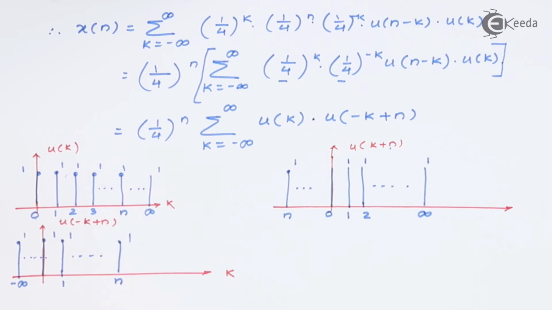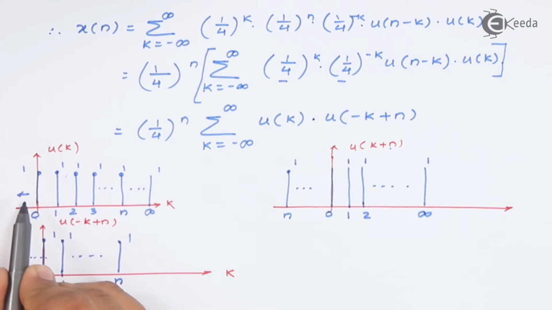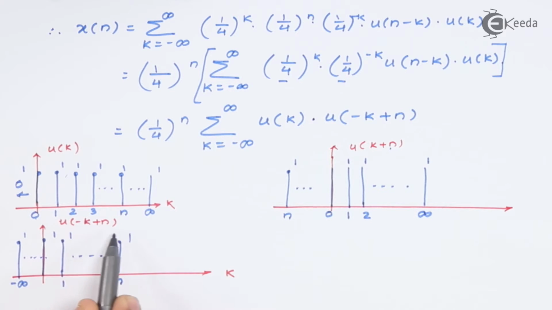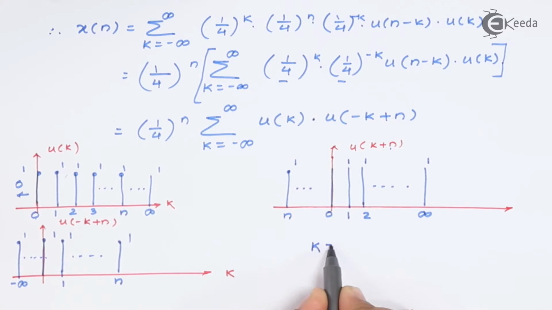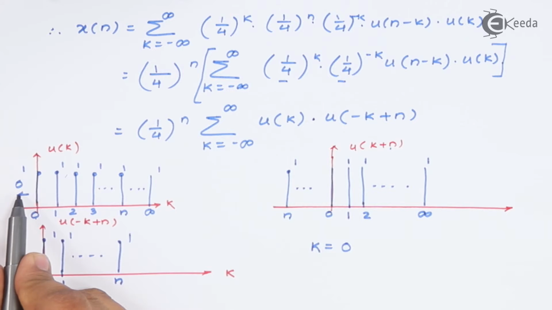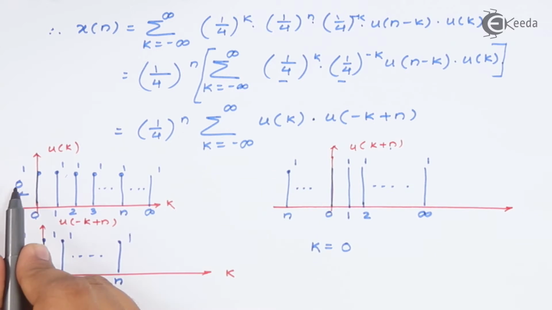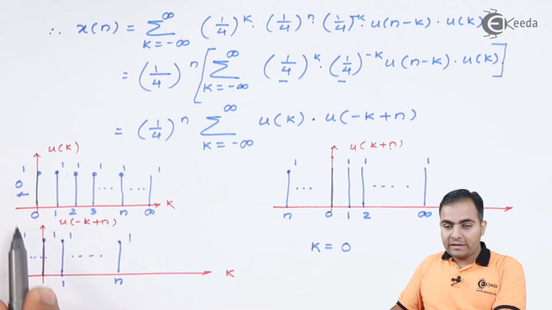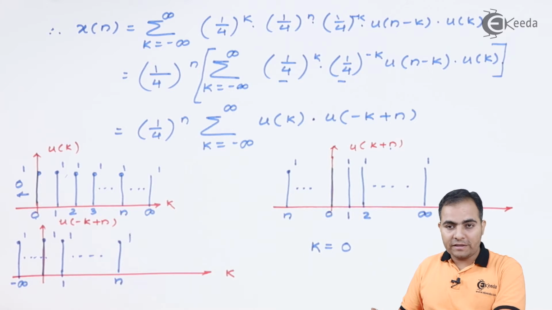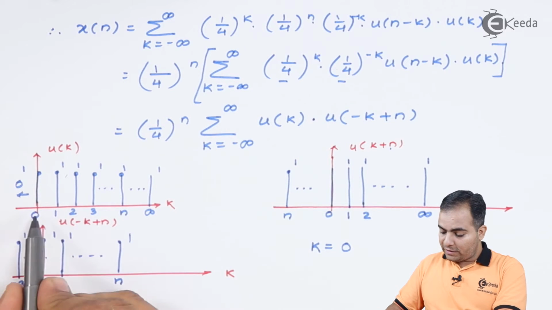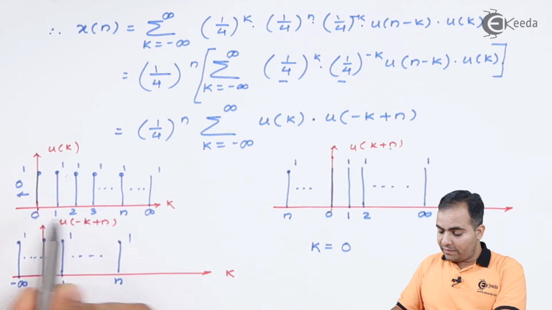If we multiply both these graphs, then on the left-hand side, u of k has amplitude 0, so multiplying it with u of minus k plus n, of course, you will get 0. This means that after multiplying these two graphs, the lowest value of k in the summation will start from 0, because on the left-hand side u of k has amplitude 0, and the left-hand side of the product graph will be replaced by 0. So our graph will of course start from k equal to 0.